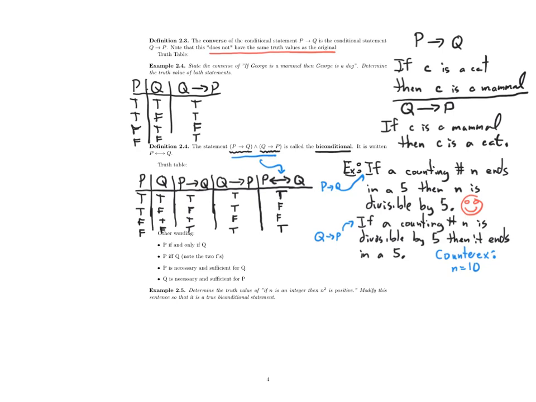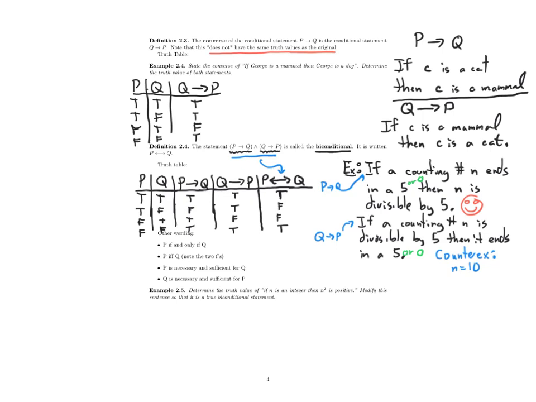So let's go ahead and do that. I'll write that in green here, or 0. And down here, same thing. Then it ends in a 5 or a 0. Now both the original conditional statement and its converse are true.